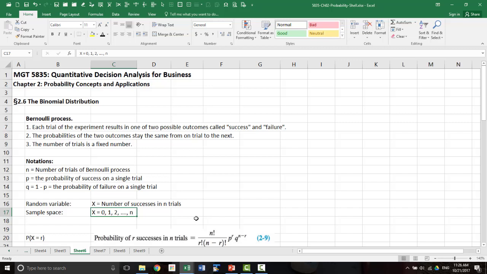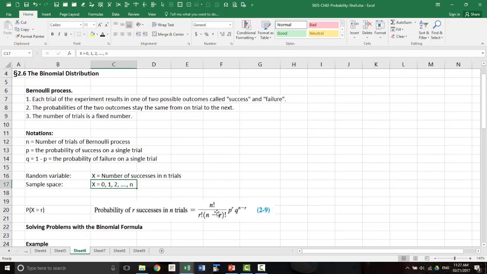Now we need a probability for each value of x, and then we will have a probability distribution. That probability formula is given by this.